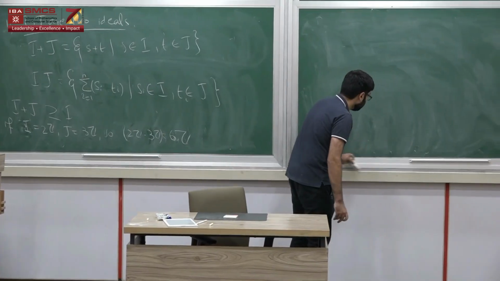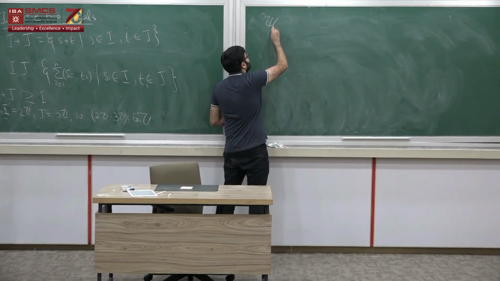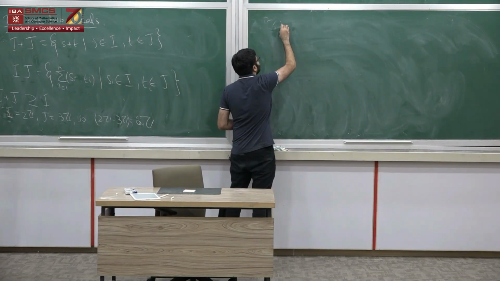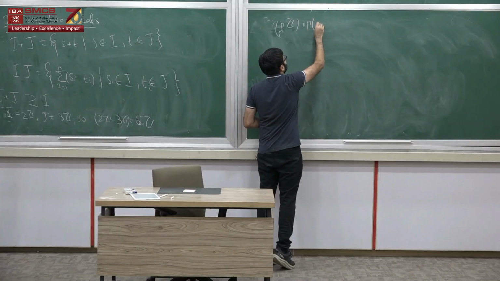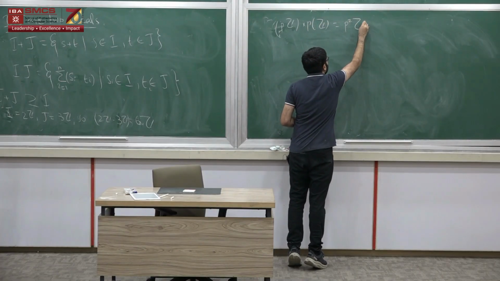But more important for us will be Z mod pZ, the product of pZ is p squared Z, and it is the same thing.